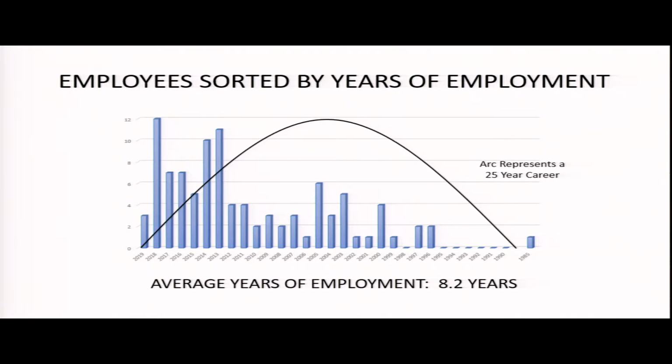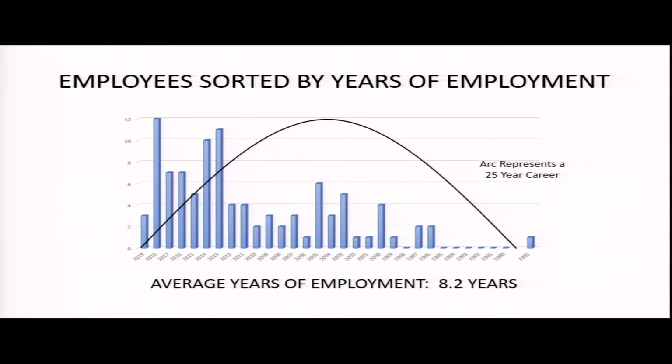That arch represents a 25-year career. Your average years of employment, all employees, is 8.2 years. That's pretty average. The average employment length of the studies that we conduct in North Carolina is in that 8 to 9 year period.